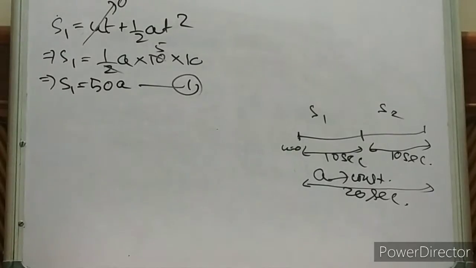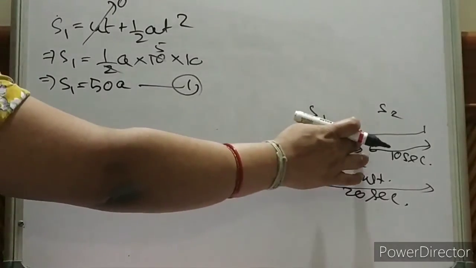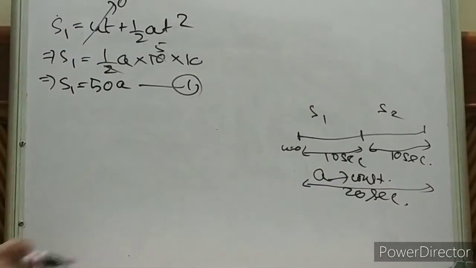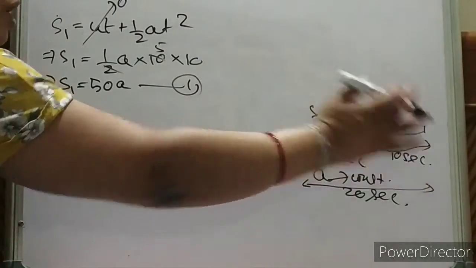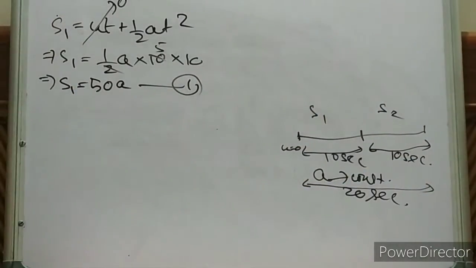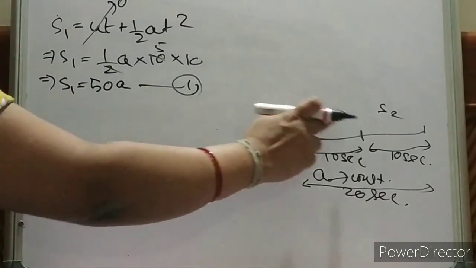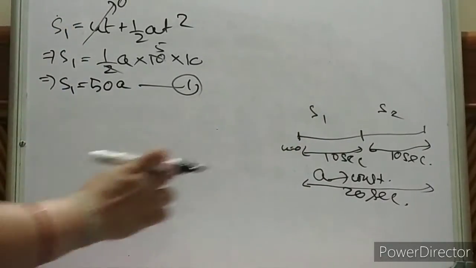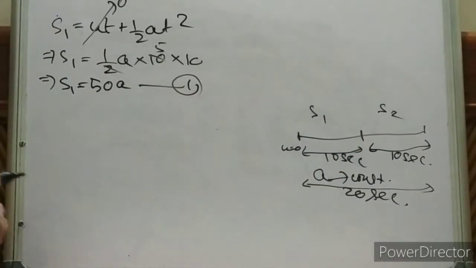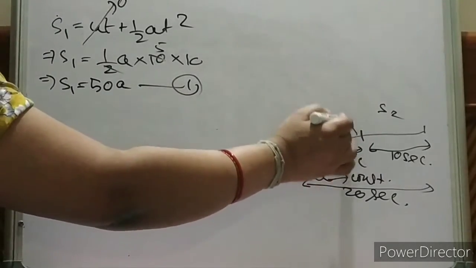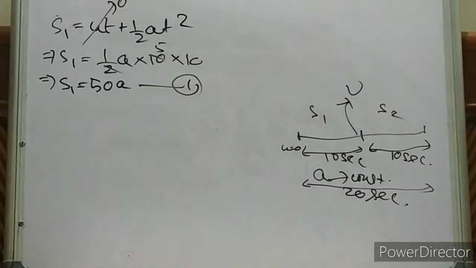But now tell me, for S2, starting from this point, whether the velocity is 0 now. No, it has acquired some velocity within those 10 seconds. So here there will be some velocity v.